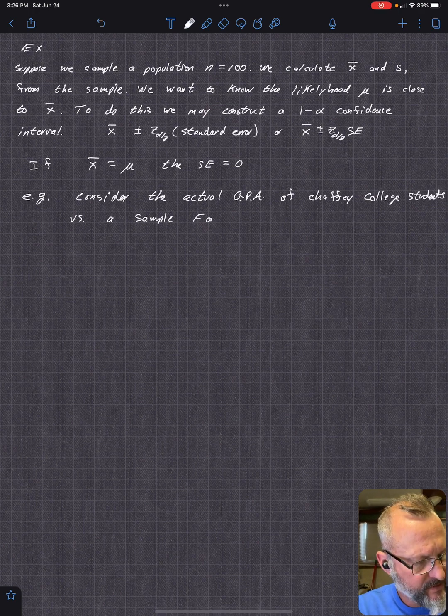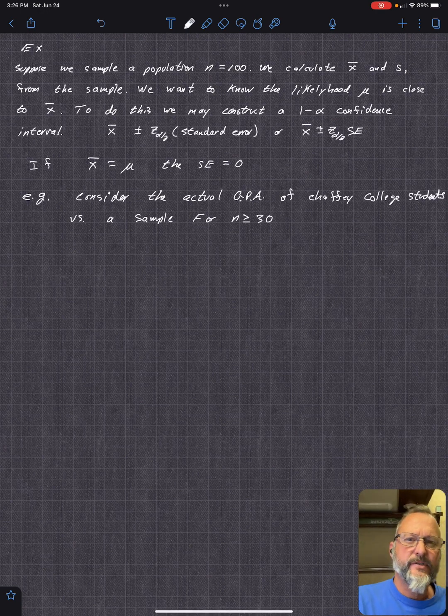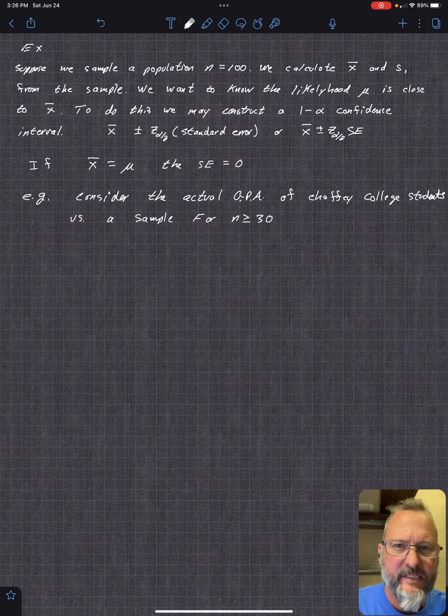And that we have to say for n greater than or equal to 30. Now, just on a side here, what would make the sample biased? For one, if you just sampled, say, math and science majors, that would be a biased sample. If you just sampled other majors, just particular groups, it's difficult to get an unbiased sample because you have to look at all these different groups.